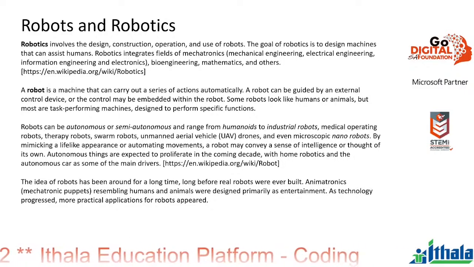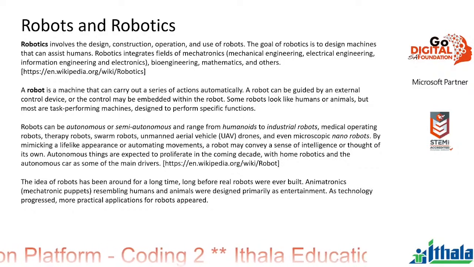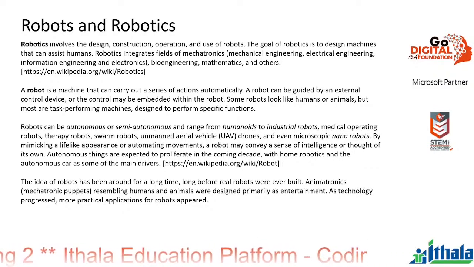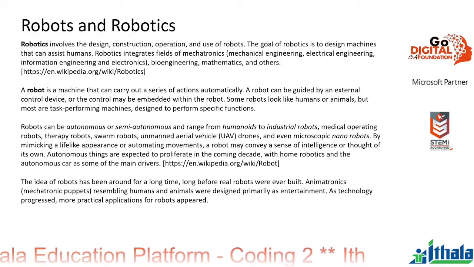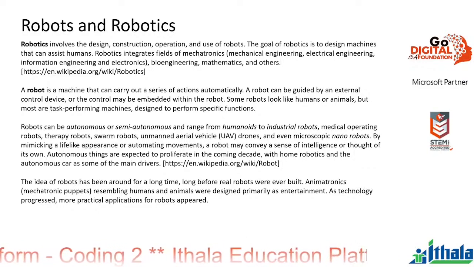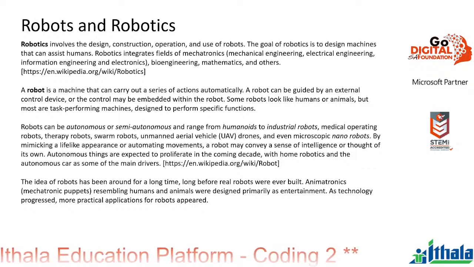By mimicking a lifelike appearance or automating movements, a robot may convey a sense of intelligence or thought of its own. Autonomous things are expected to proliferate in the coming decade, with home robotics and the autonomous car as some of the main drivers. Okay, and that's also from Wikipedia.